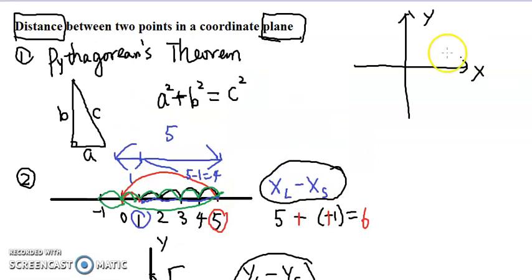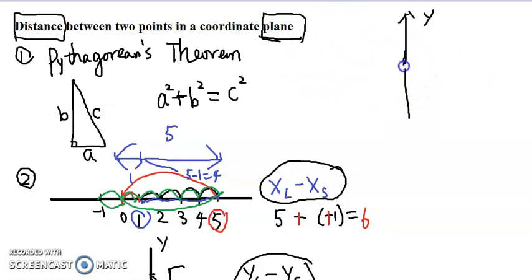Now let's go back to the topic. We want to look at 2 points in the coordinate plane, which means you have a point in this plane, not necessarily on the straight line anymore. So for example, let me draw a big one so we can see better.